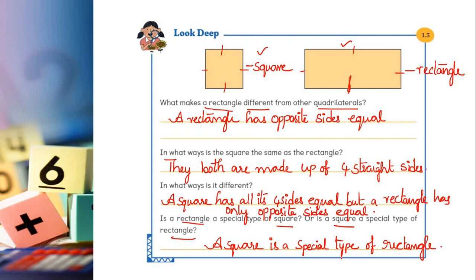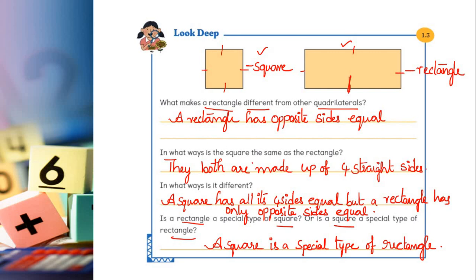A square is a special type of rectangle because it is a quadrilateral with all four angles right angles. Is it clear, children?